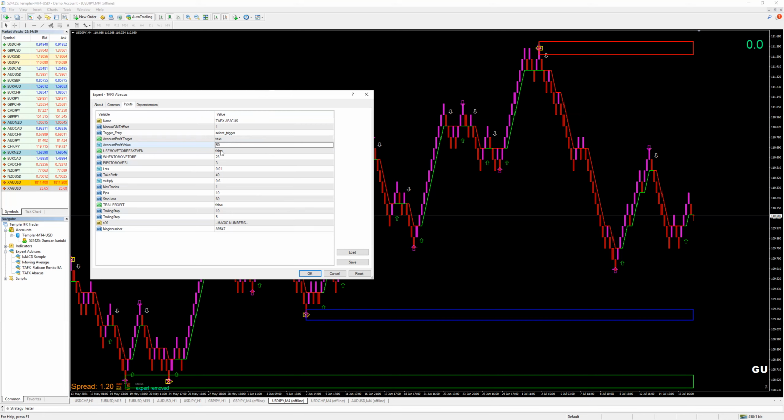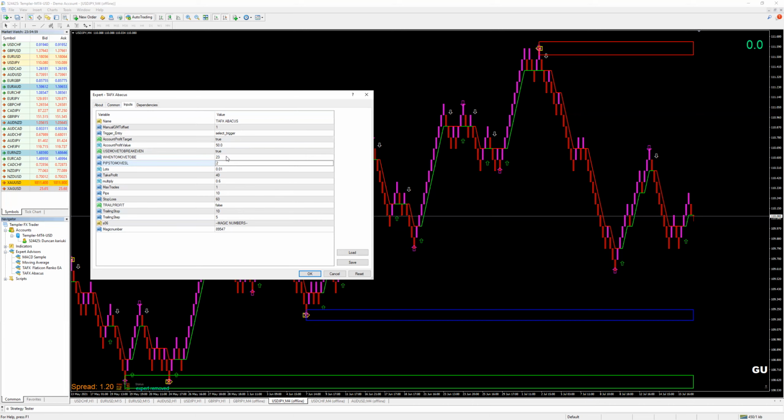The other thing is to use the break even. When we are sending the system, it comes with break even set to true, and the 23, and here can be 3 or 2 pips.